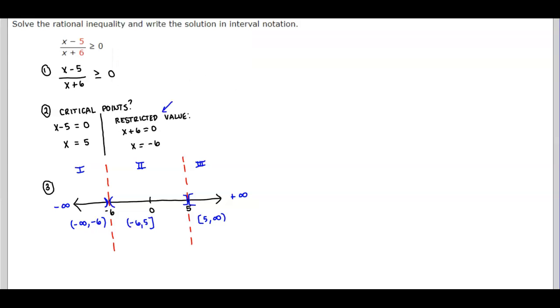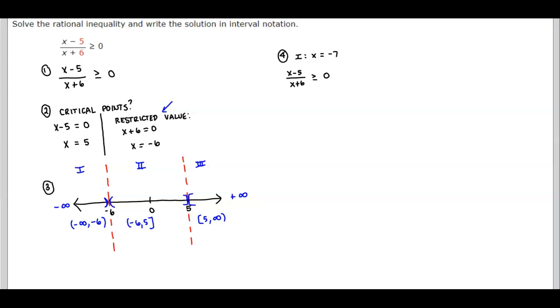Now what we're going to do is take a testing point for each one. For region 1, we can pick the value x equals negative 7. If we look at the inequality, x minus 5 over x plus 6, we want to determine if it's greater than or equal to 0.